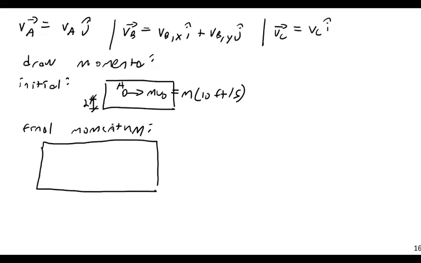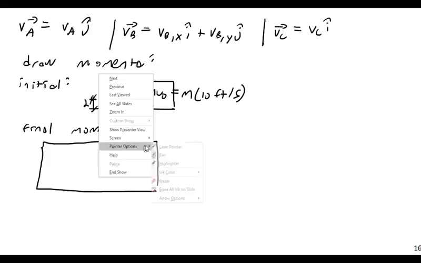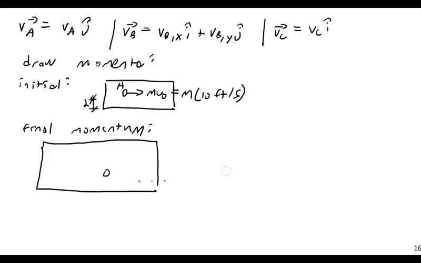I'm going to have B here, B with m VB, which has components m VBX and m VBY.